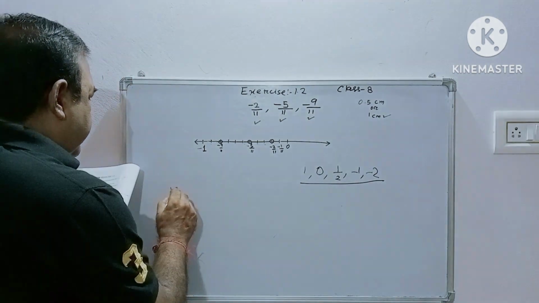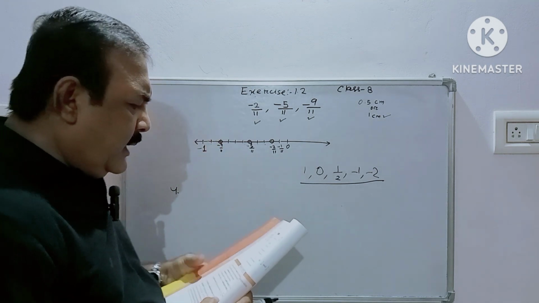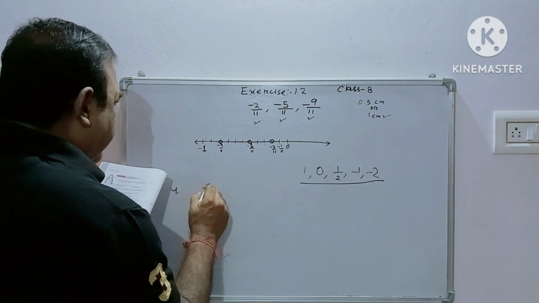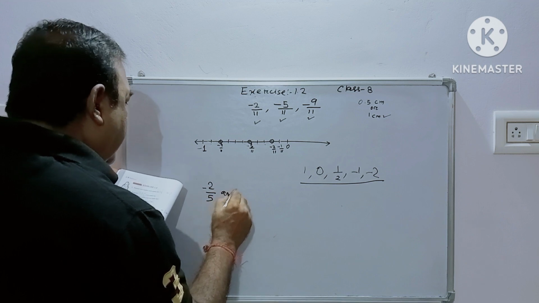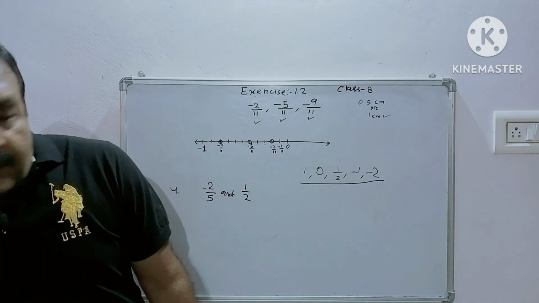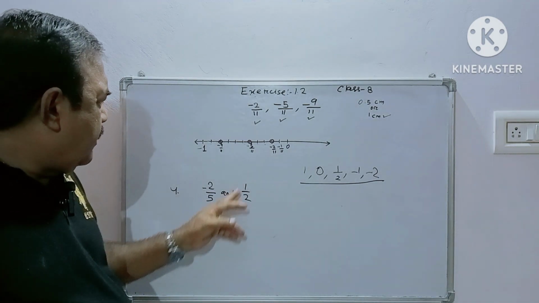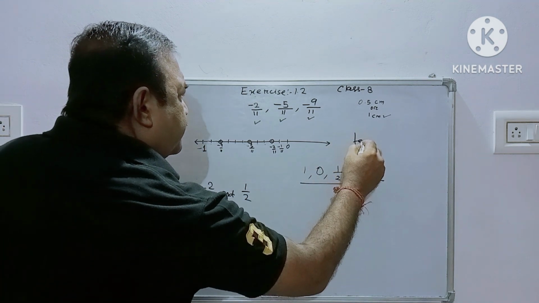What you will do here? You see. Find 10 rational numbers between -2 upon 5 and 1 upon 2. We have to find 10 rational numbers.